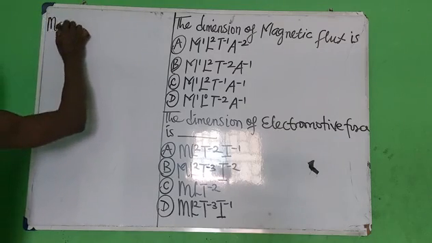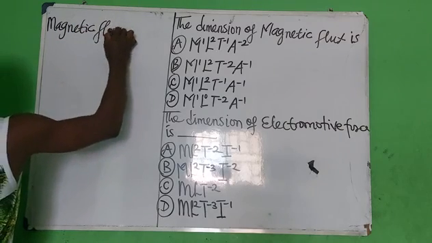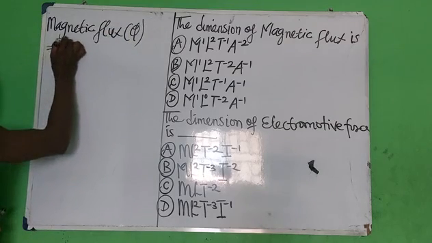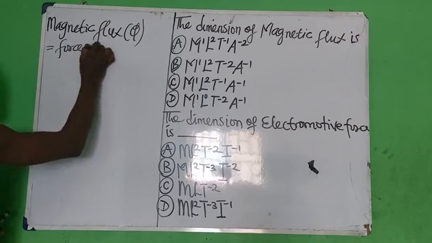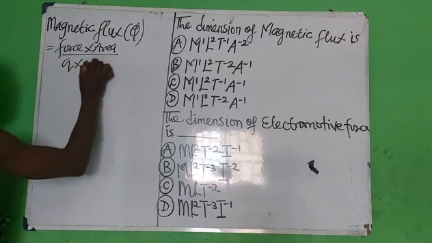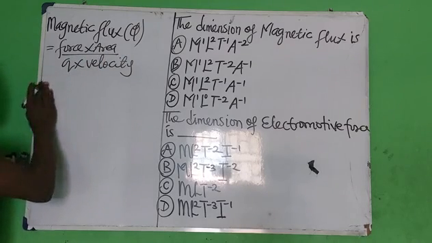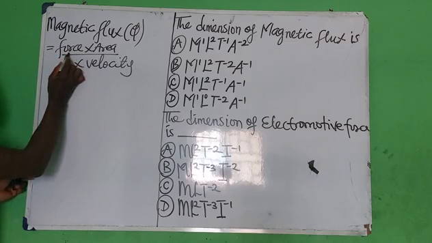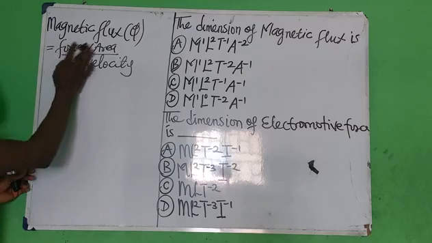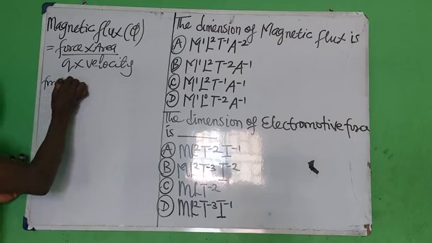Magnetic flux is given as force times area over charge times velocity. Now, before I start to slot in my alphabet, let me deduce for them separately, okay?